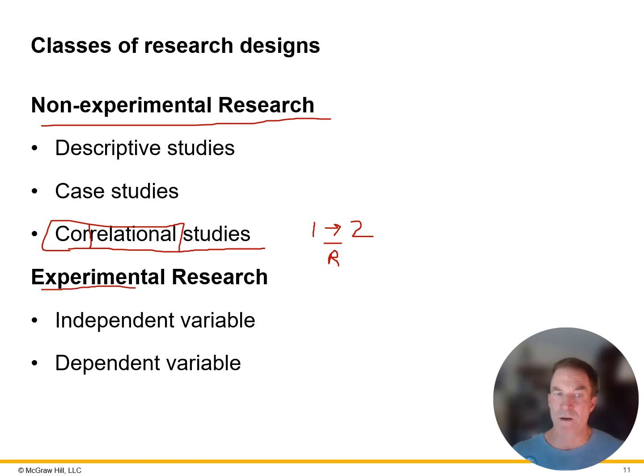And then in experimental research, we will alter the independent variable, the IV, to then measure its effect on the DV, the dependent variable. Here, for the most part, we can claim a cause and effect relationship. So what effect did the independent variable have on the dependent variable?